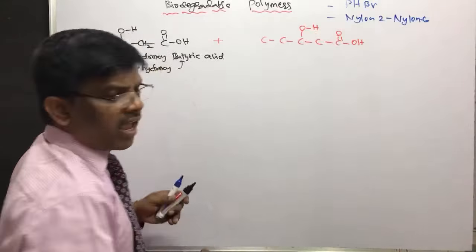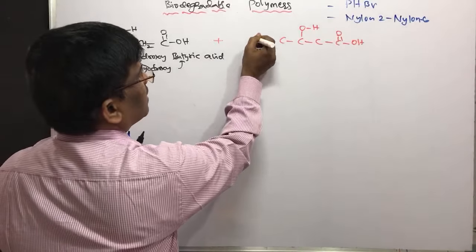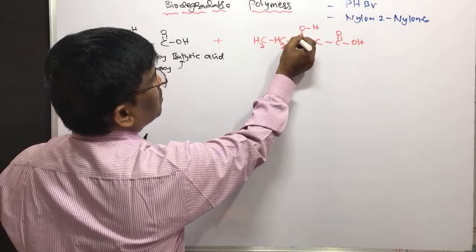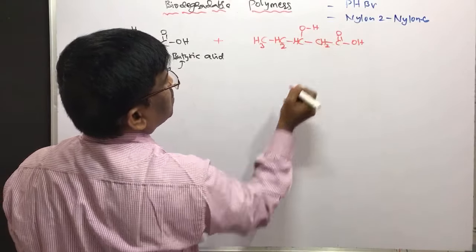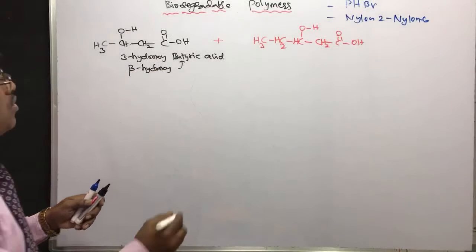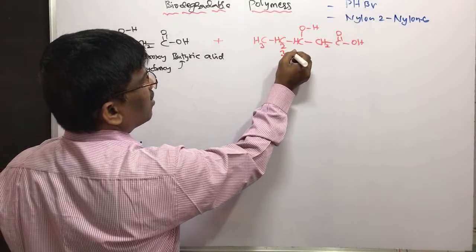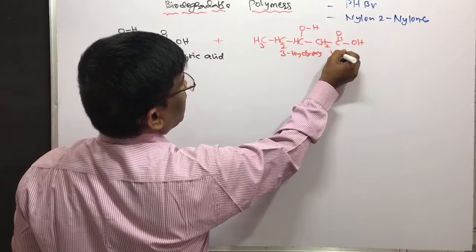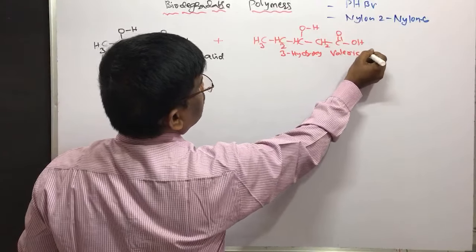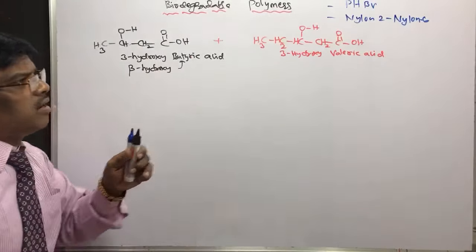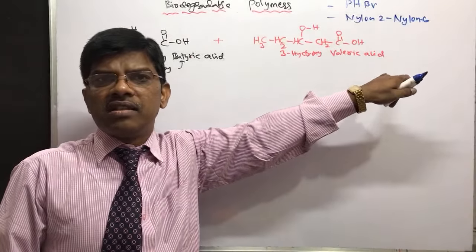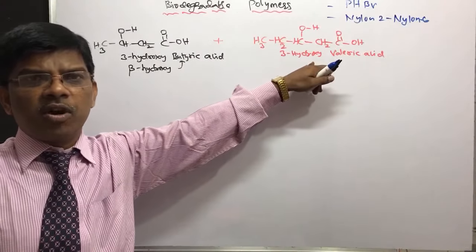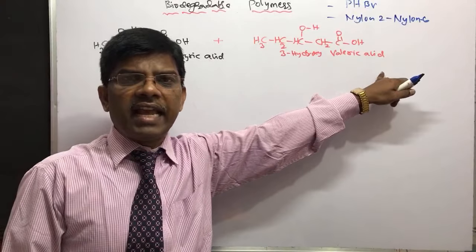It is going to have a 5 carbon chain: CH3, CH2, CH and CH2. So 3-hydroxyvaleric acid. Pentanoic name is usually not used, so a 5-carbon carboxylic acid is named valeric acid.